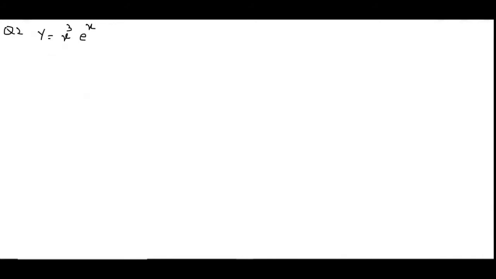Now question number 2. Here we see that there are two functions, x cube and e raised to power x. So we will use first the product rule and then we will use the differential for the exponential function. So we have dy by dx, and now applying the product rule, x cube is the first function, then we will take the derivative of the second function, which is an exponential function, plus e raised to power x will remain as it is, and then we will take the derivative of the first function, d by dx.